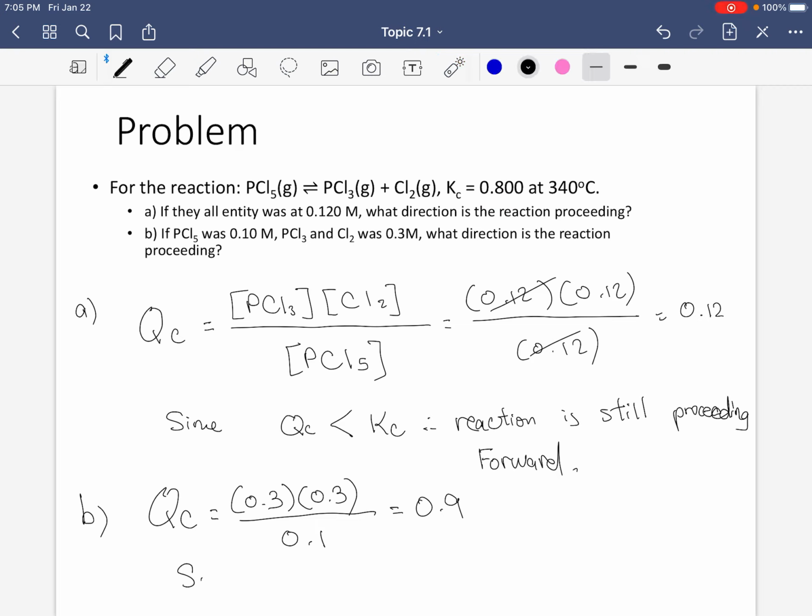Let's conclude that since QC is now greater than KC, the reaction is proceeding backward.